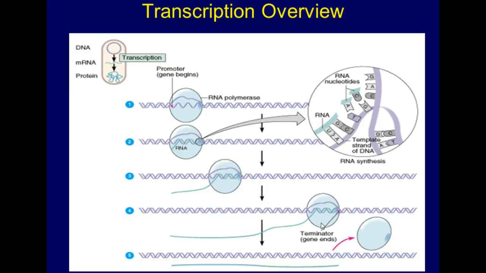So, the end result is a piece of RNA called messenger RNA, or the RNA transcript, that now has all the information it needs to build a protein that's copied from DNA. So we've gone from DNA, and now we've copied messenger RNA, our first transcript.